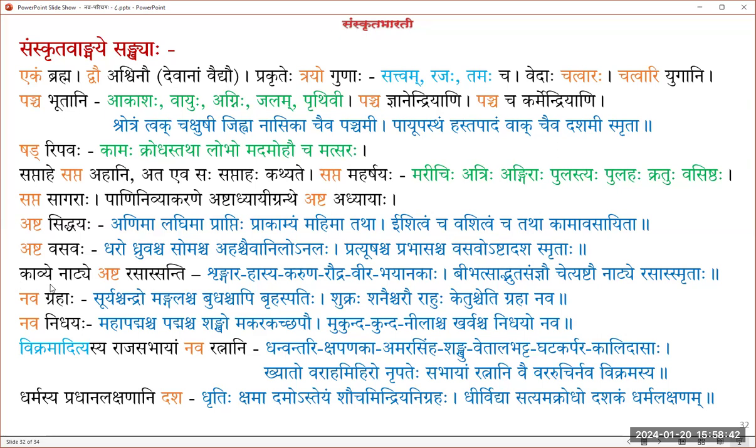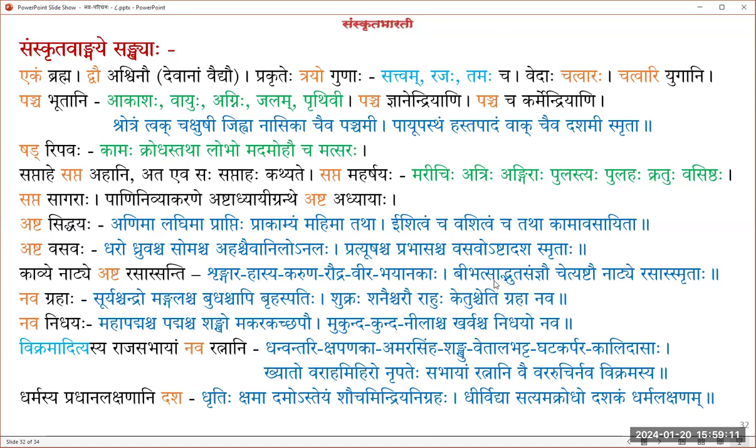Anyway, some list. Kavye, Natye, Ashtarasas Santi. So in Kavya and Nataka Shastra, there are 8 rasas. Shringara, Hasya, Karuna, Raudra, Veera, Bhayanaka, Bibhatsa, Adbhuta.